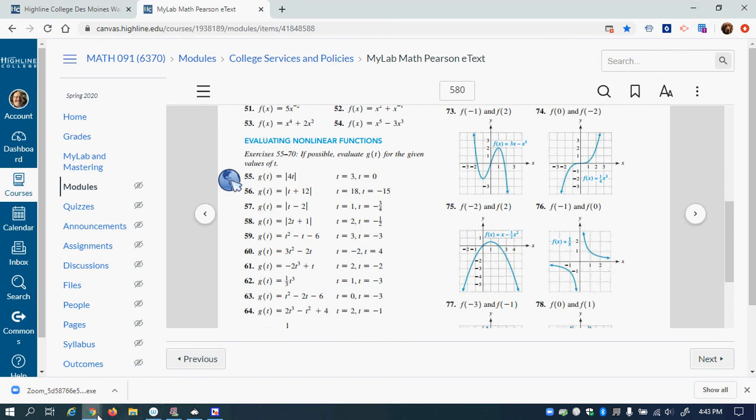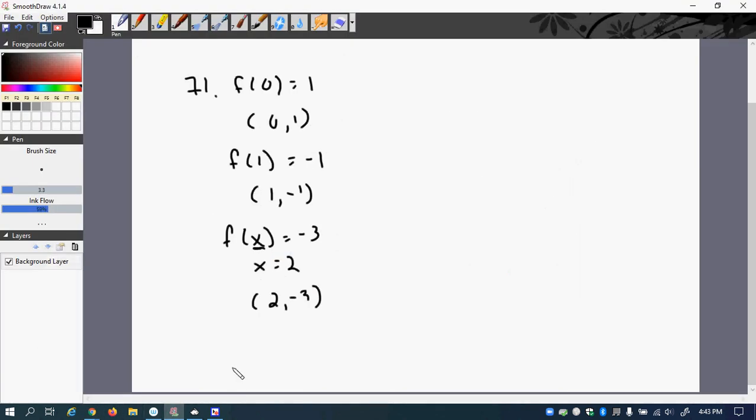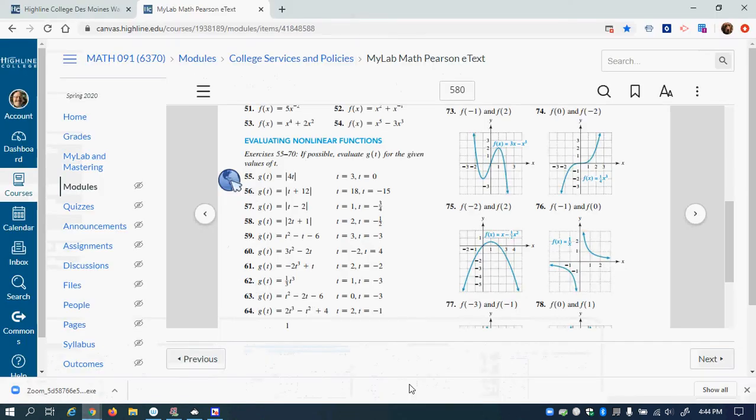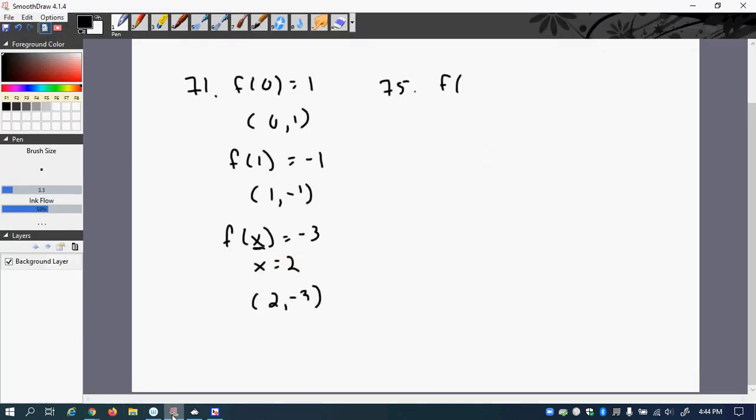So I go back to this, and for 75, I would do f of negative 2 is negative 4. So the point would be negative 2, negative 4.